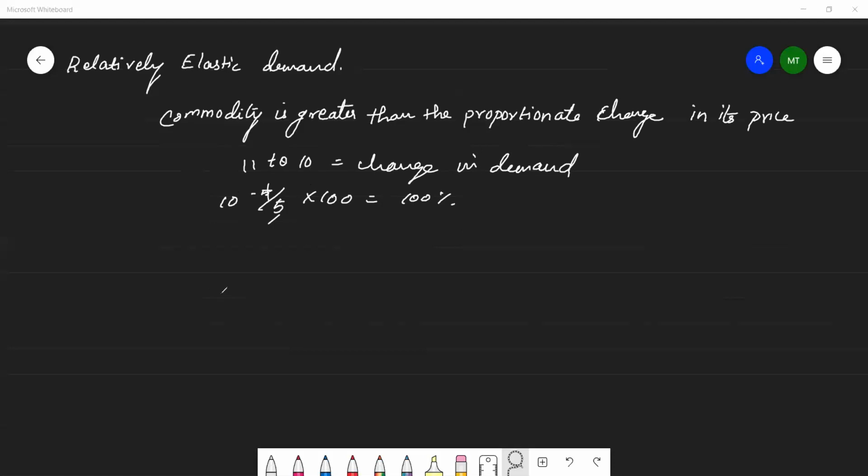So change in price 10%, hence it is more elastic demand.